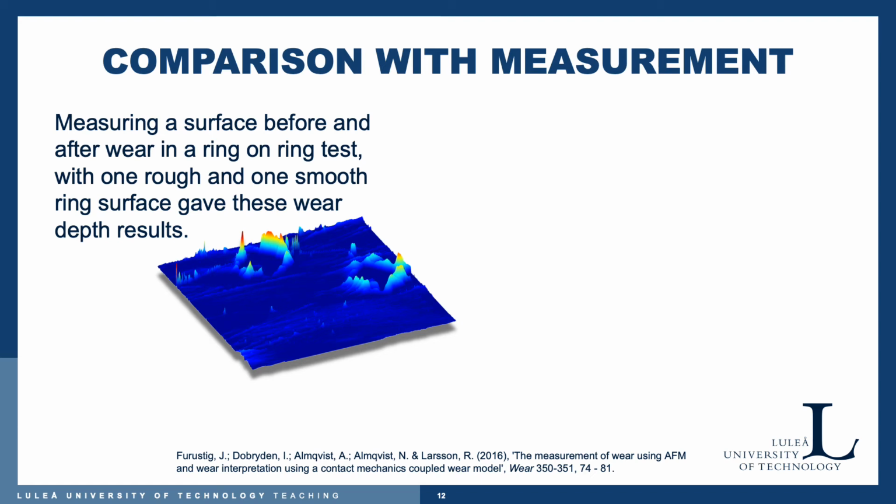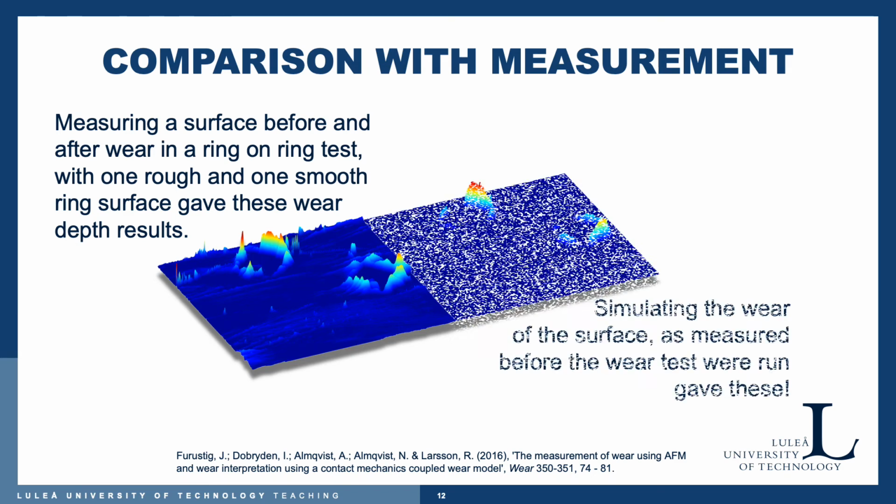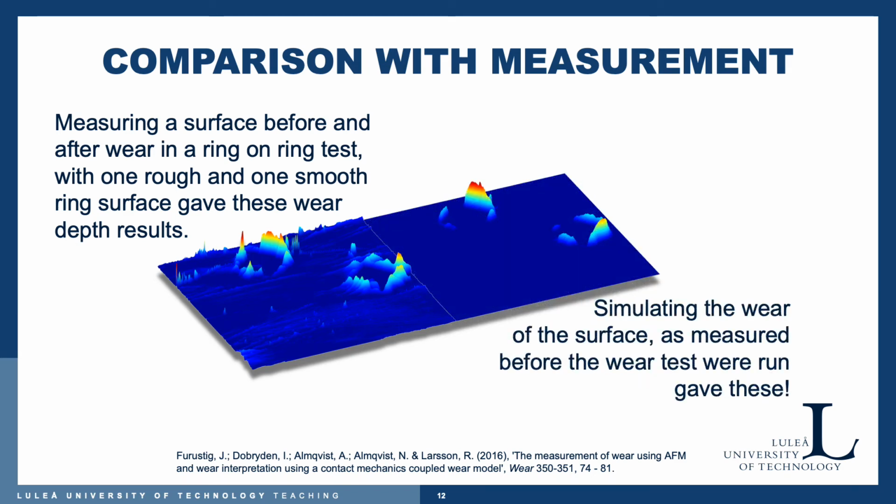Now, by a little bit of reverse engineering, finding the wear rate coefficient in the Archard wear equation, we obtained this result with numerical simulation, as we have described it previously here. So the same type of methodology led to this result, and I think it's pretty fascinating how similar they are.